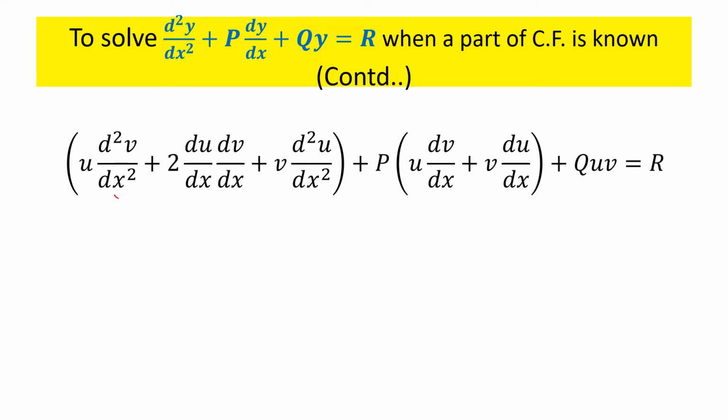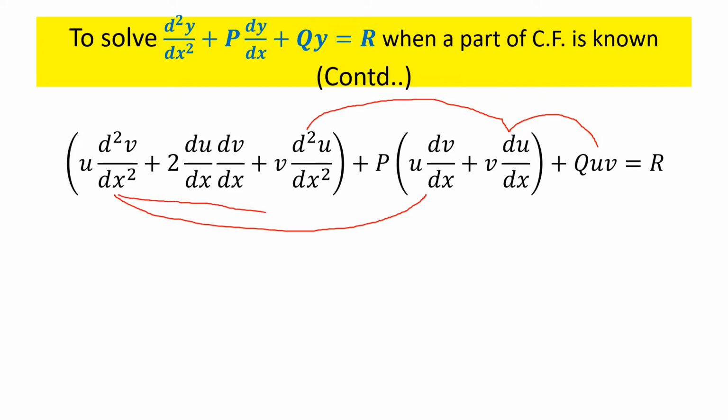Now we shall group these two terms and these three terms. From these two terms, we can take u as the common factor and write this term as it is, and from these three terms we shall take v as the common factor.